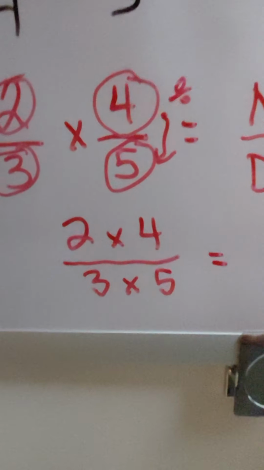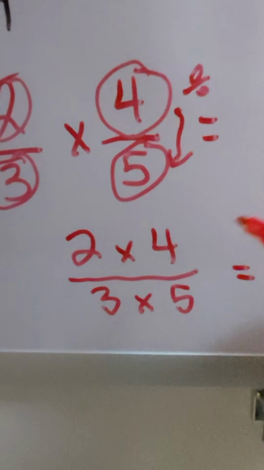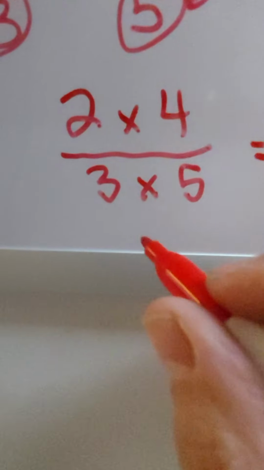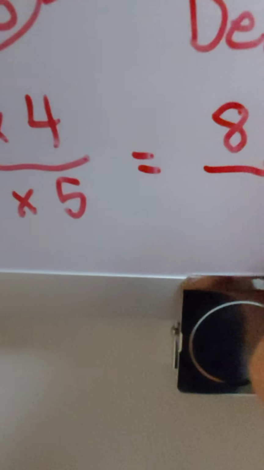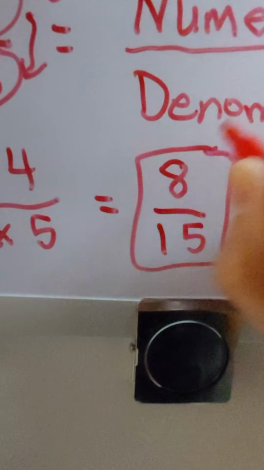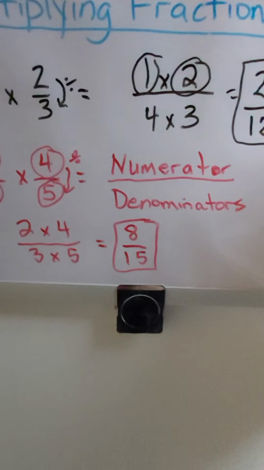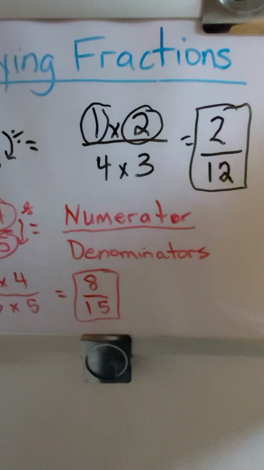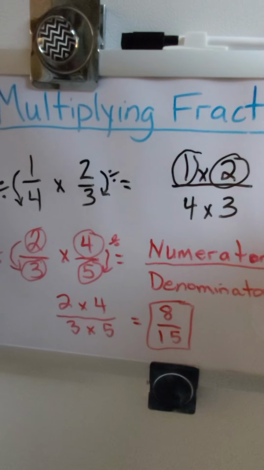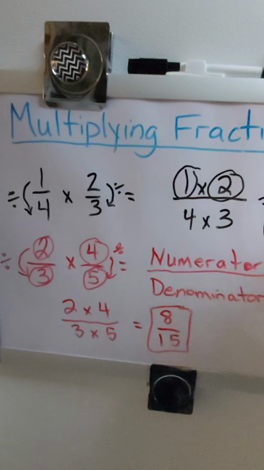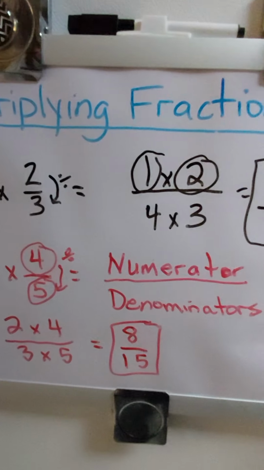So we have 2 times 4, we know that's 8. And we have 3 times 5, we know that's 15. And voila, there's your answer, 8/15. And that's all there is to it. It's very, very simple.